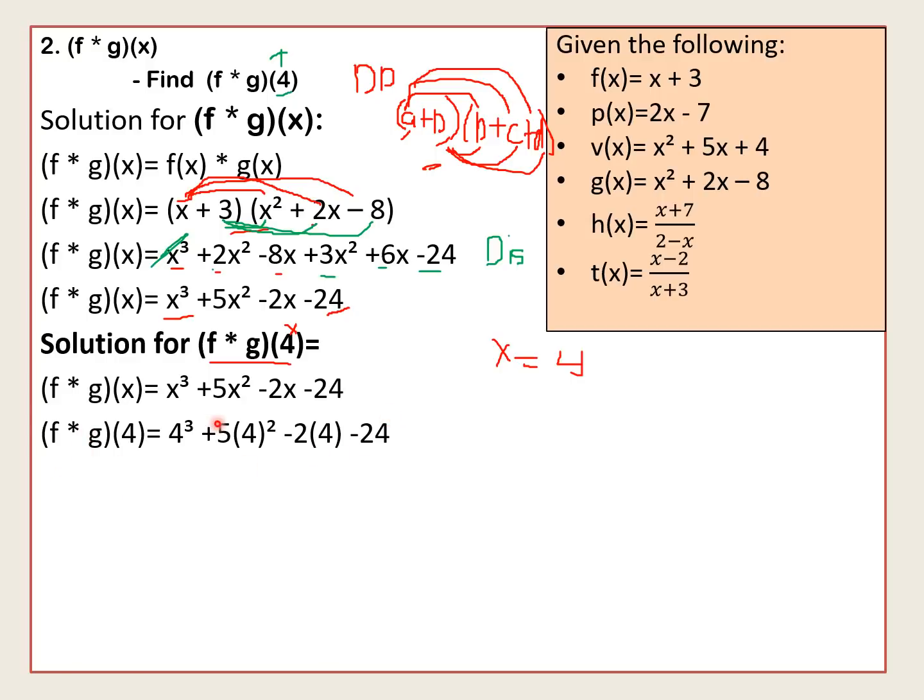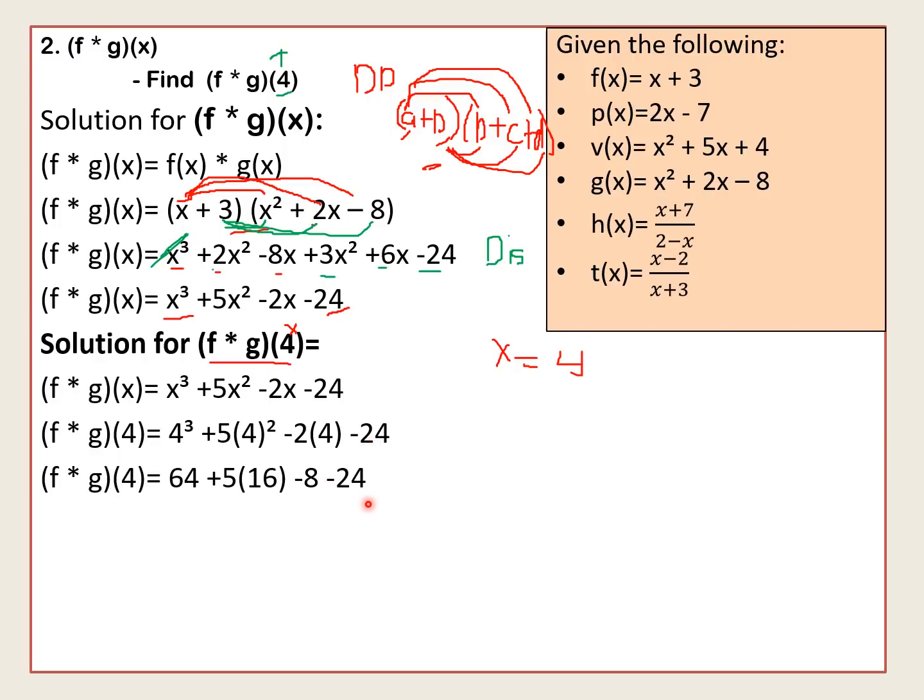Then after natin ma-substitute, next step, simplify. Okay. So f times g of 4 equals what? 4 cubed is equal to 64 plus 5 times 4 squared, and 4 squared is 16, minus 2 times 4, 8, minus 4.